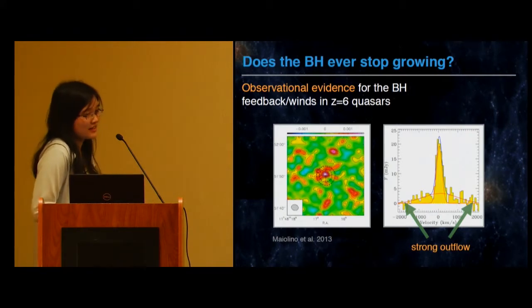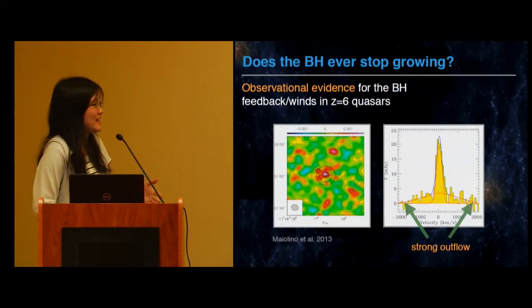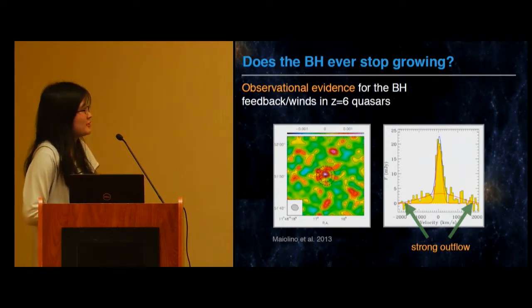But on the other side, those energies liberated are also dumped into the host environment of the gas. So they're able to heat and push out the nearby gas, and here we already have observational evidence that the high redshift quasar can launch strong outflow in its local environment.